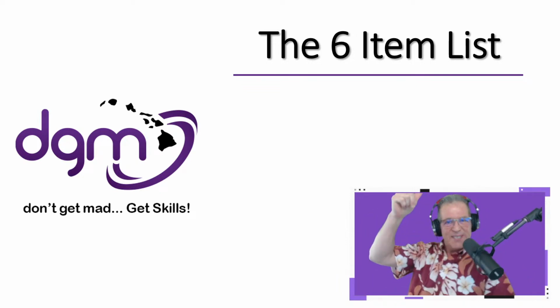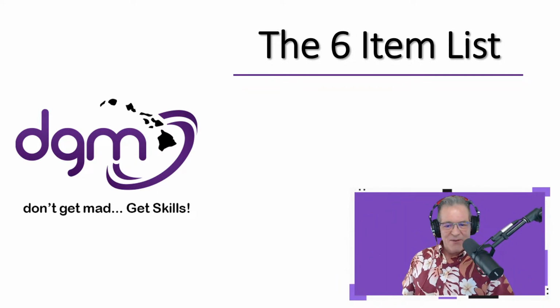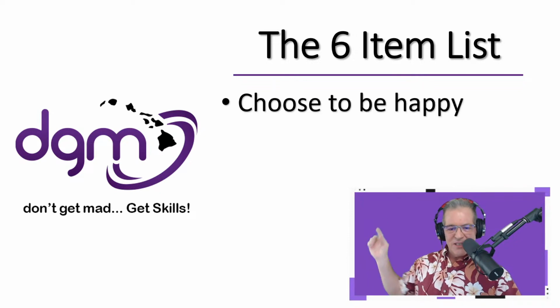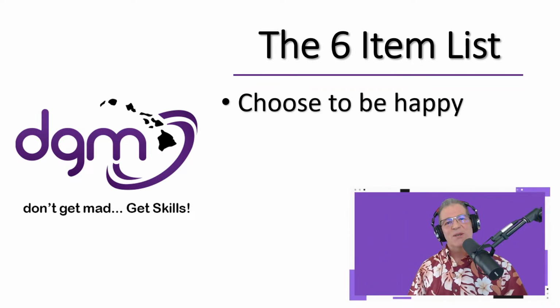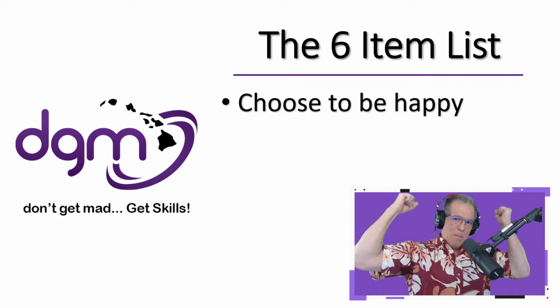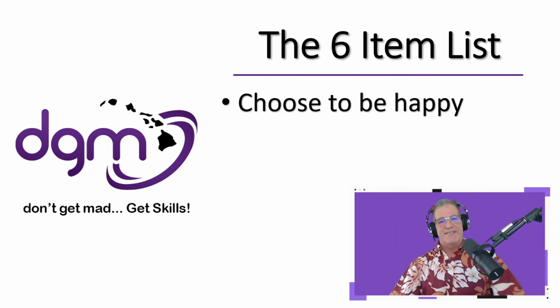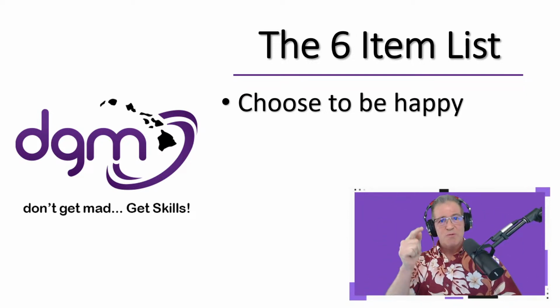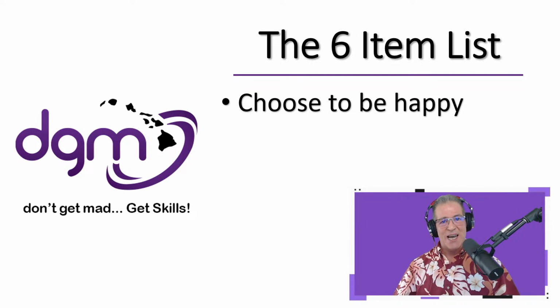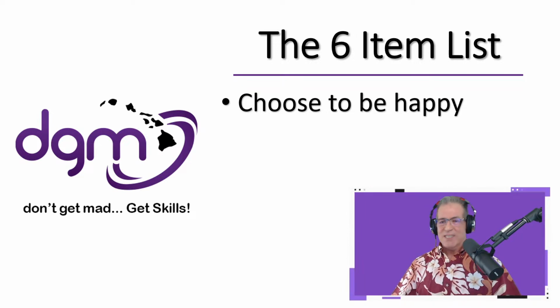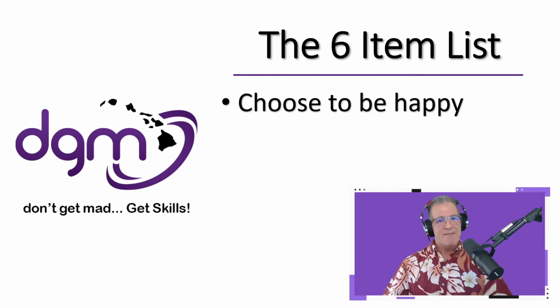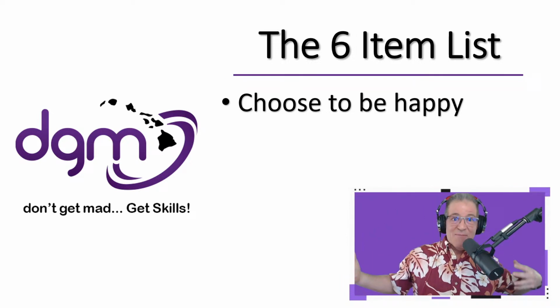And there's one basic 6-item list that we follow all the time, every single day at Don't Get Mad, Get Skills. And the first item is choose to be happy because we got the ability to decide. You choose, my friend. You choose to be happy. Wake up in the morning and then just say, hey, it's Aloha Friday. I'm going to be happy.